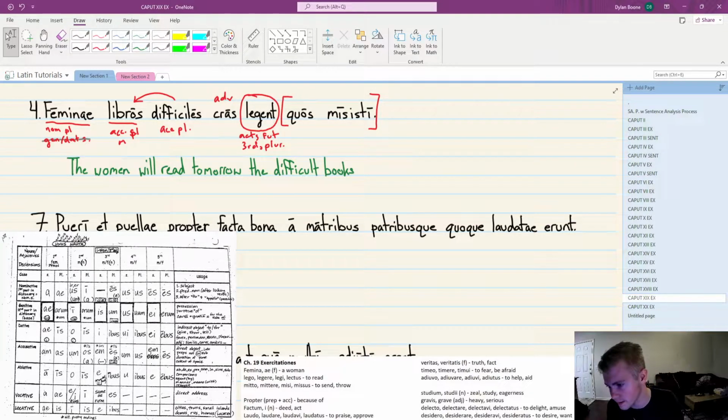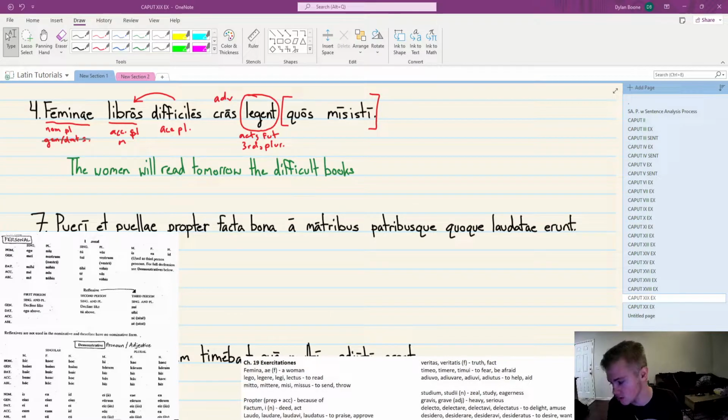I'll pull it up here. But quos will get you a plural, masculine or neuter accusative, I believe. Might just be masculine, actually. Quos, yeah, quos just gets you masculine plural accusative. So we know that it's accusative, so it's the object of the relative clause.